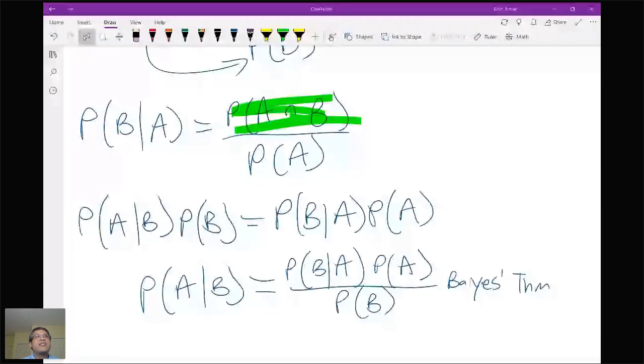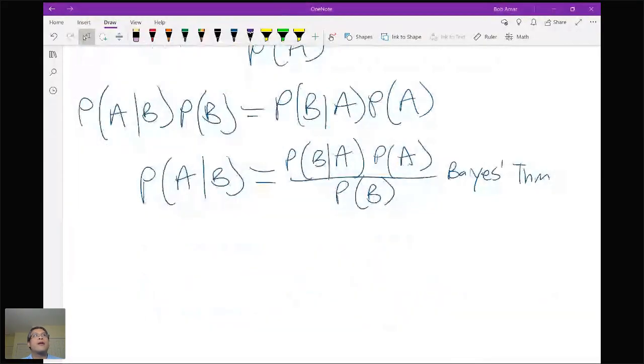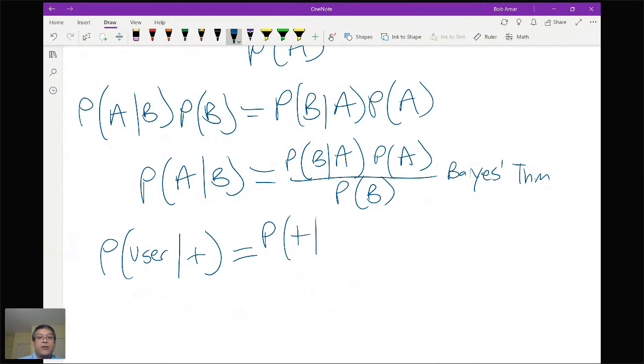Here's the simplest way we can talk about it. Say you have a drug test, and you want to know the probability that someone is a drug user given that their test is positive. What this lets you do is basically the following.